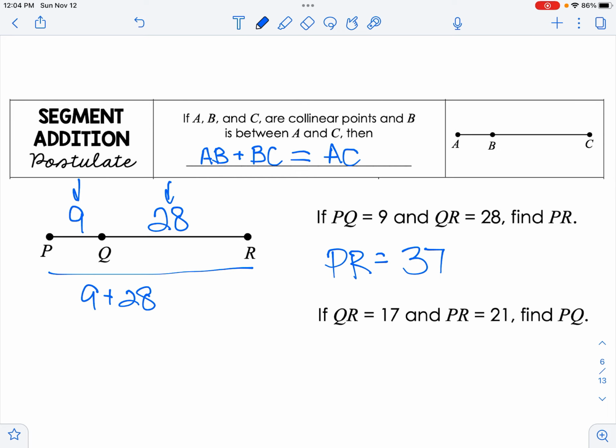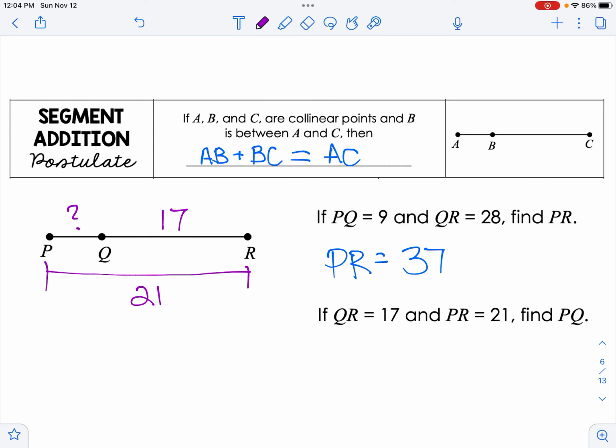Okay. All right. So the other one says, use the same picture. I'm going to use the same diagram here. It says if QR is 17 and the whole thing from here to here is 21, then what is this?